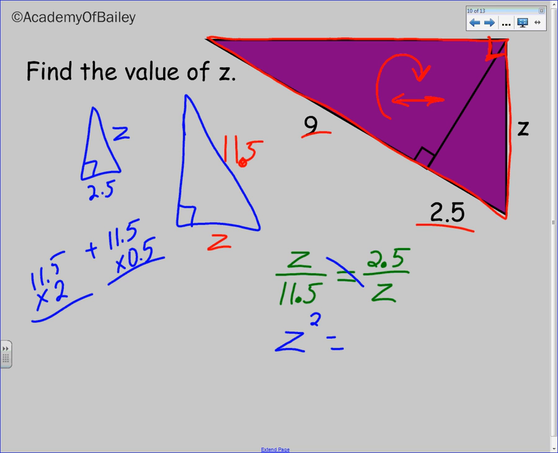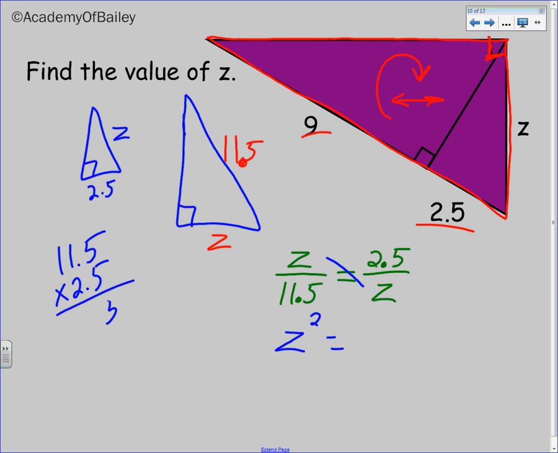Let me just do it for you. I was trying to do it quickly in my head, and I realized that if I were to just do it like this, it would be the same thing.